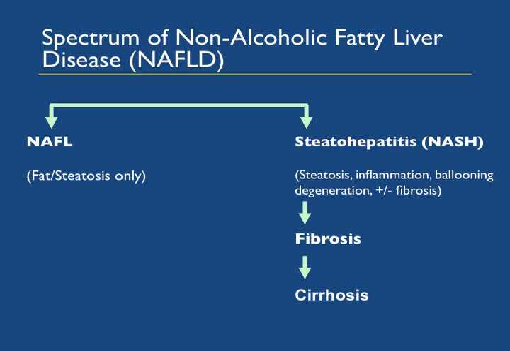It's very important to keep in mind that NASH is a histologic diagnosis and not a clinical diagnosis. So if you see a patient with abnormal liver enzymes and fatty liver on an imaging study, and if they're not heavy drinkers, we should define them as having NAFLD, but not NAFL or NASH, because we don't have histology at that time.